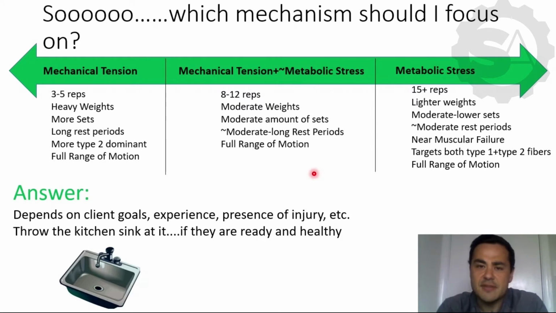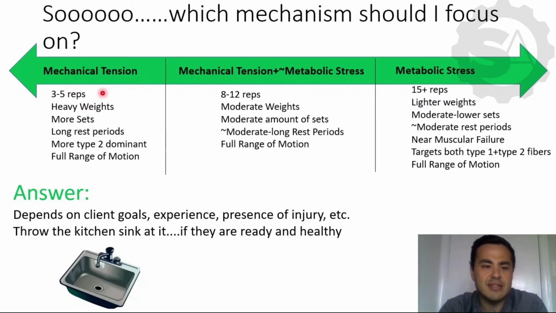Obviously, if someone does have some sort of injury, then same thing. Mechanical tension is probably not going to be in play because it's heavier weights and maybe the injury wouldn't allow that person to do that exercise effectively. So if the person is healthy and ready, I think a good answer is just throw the kitchen sink at it.